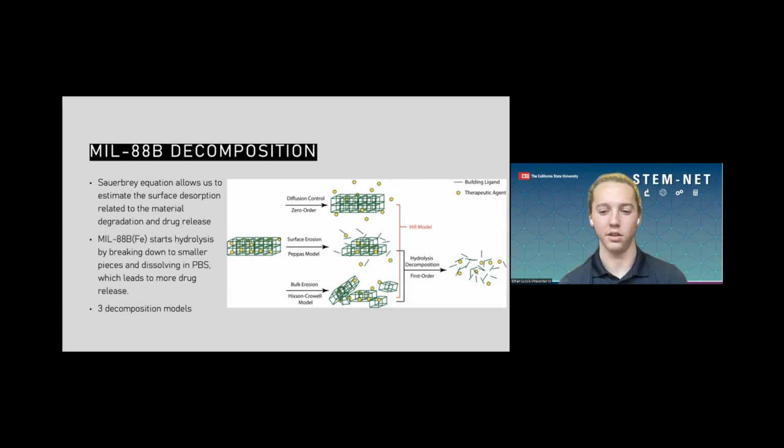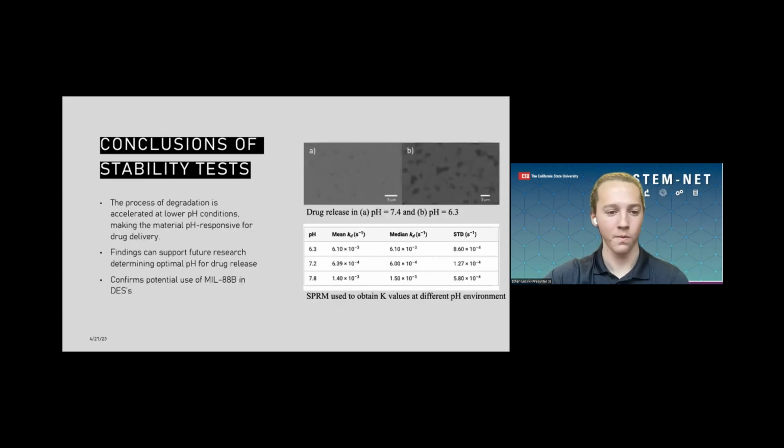In this decomposition, the surface of the MOF is exposed to solution and is degraded first, causing ibuprofen, iron, and terephthalate to degrade into the surroundings. The third level of degradation is bulk erosion, and this occurs by first order. Hydrolysis causes larger structural erosions of MIL88B, releasing both ibuprofen and MIL88B into solution.